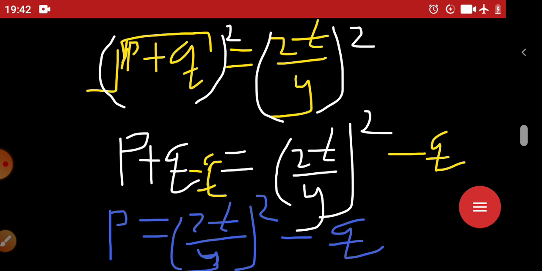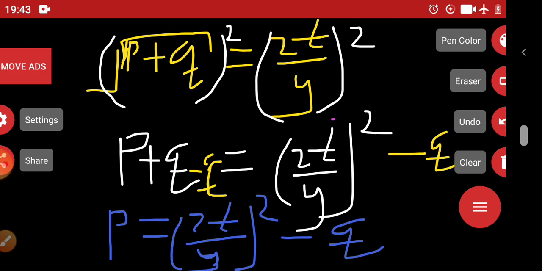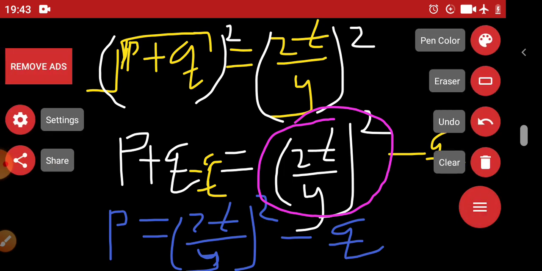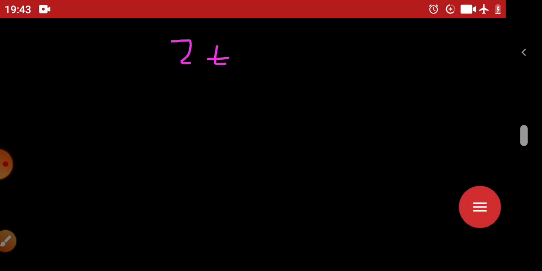Maybe I want to focus on this part only. Let me write it. In the squared part, we have 2t over G, all squared.